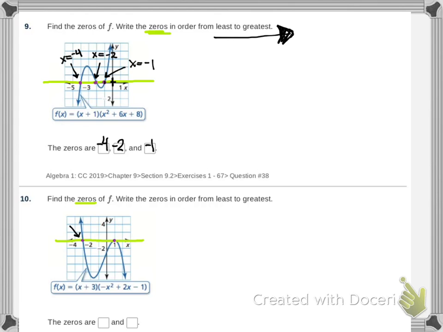Here, looks like x equals negative 3, because this is 0, negative 1, negative 2. Yep, that would be negative 3. And here, that one's clearly pointing to 1. So again, in order from least to greatest means go from the left to the right, because negative 3 is smaller and 1 is bigger.